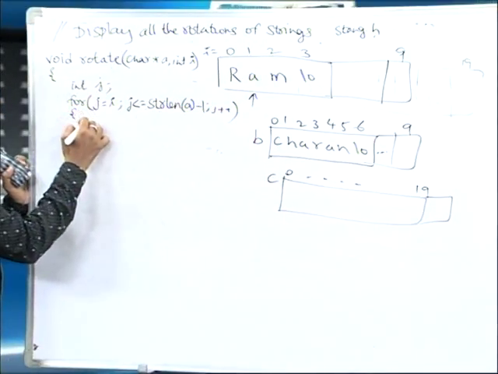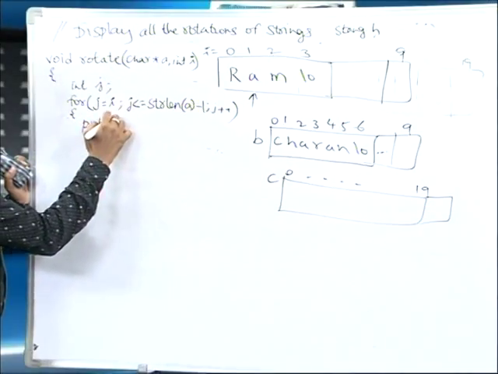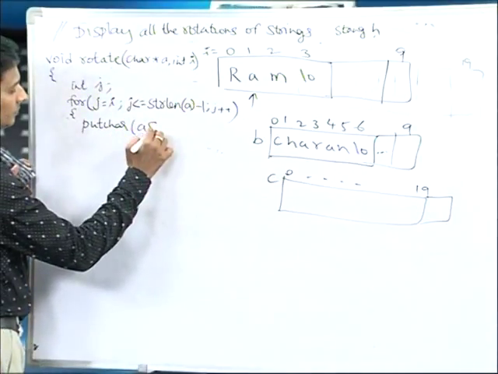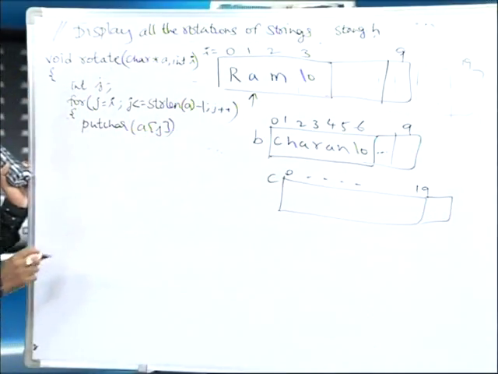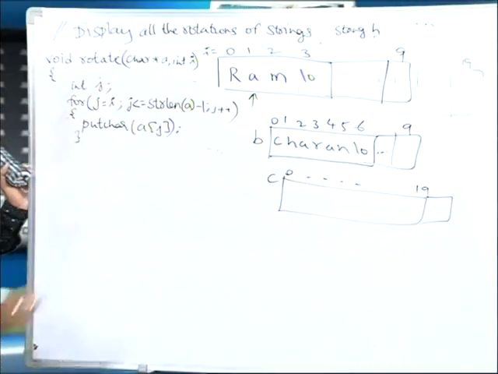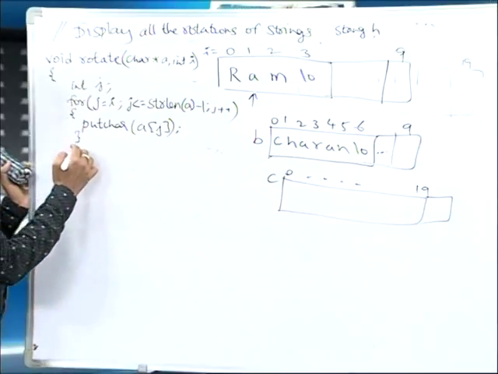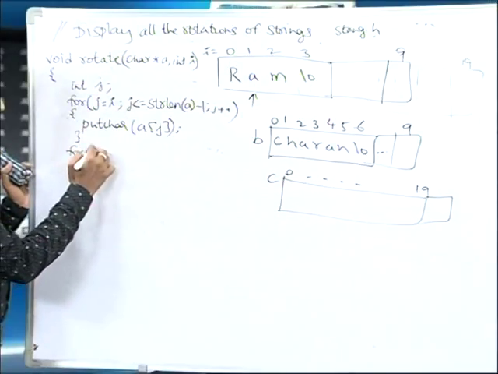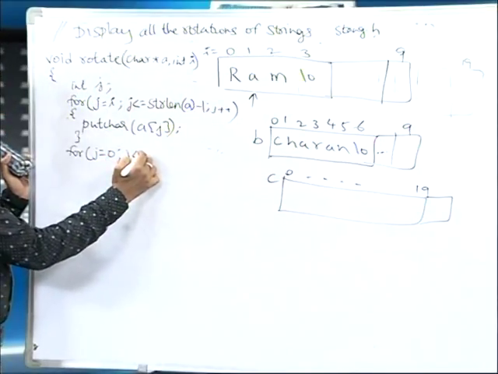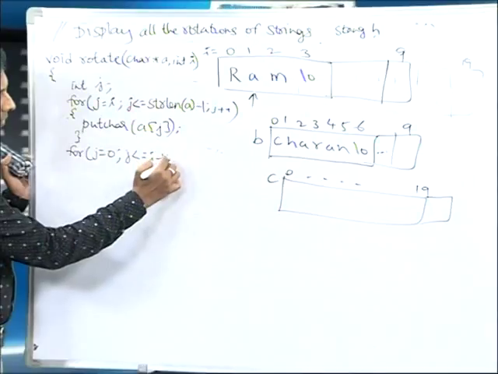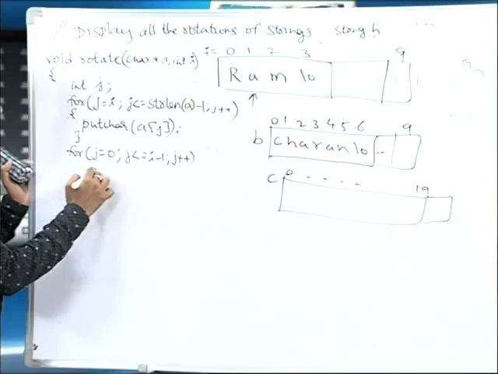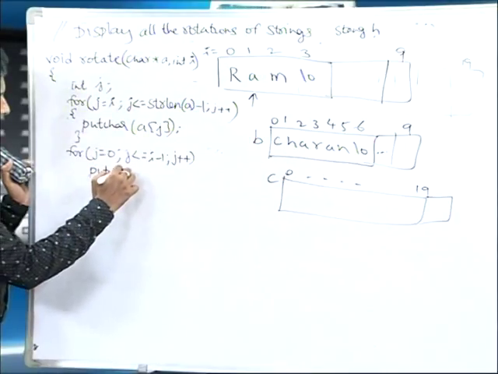Next, putchar of a of j. Next, for j equal to 0, j less than or equal to i minus 1, j plus plus, putchar of a of j.